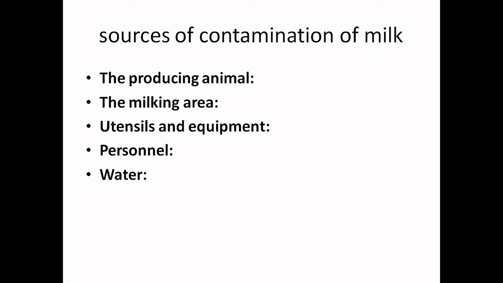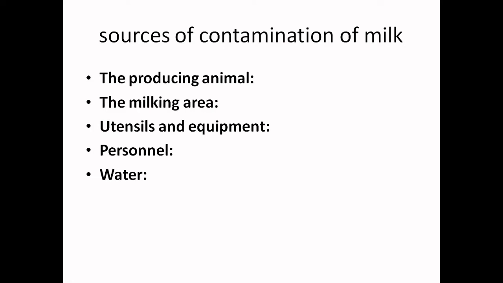The animal, especially the exterior of the udders and teats, adds microorganisms from different sources, particularly manure, soil, and water. Washing the udders and teats with clean water or germicidal solution before milking is essential to control microorganisms from these sources.